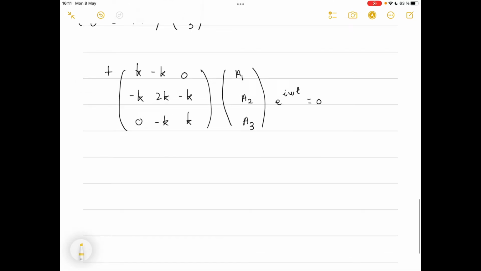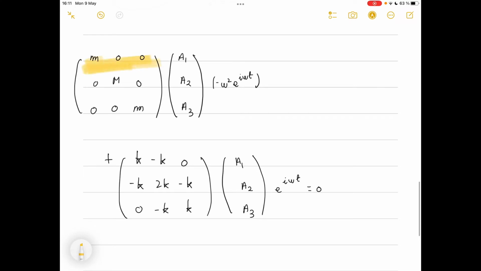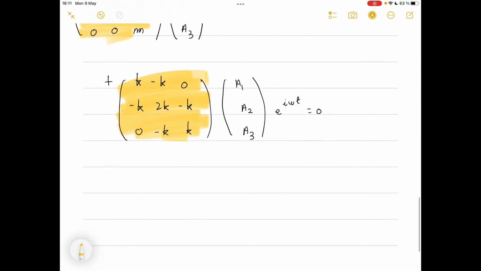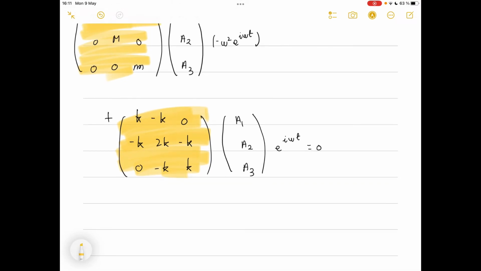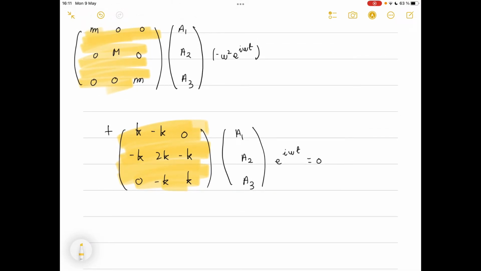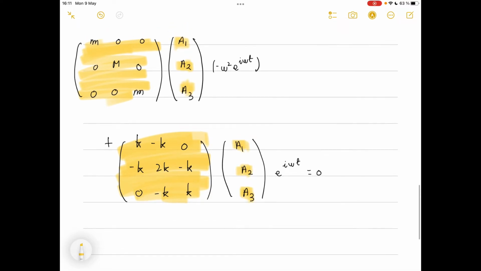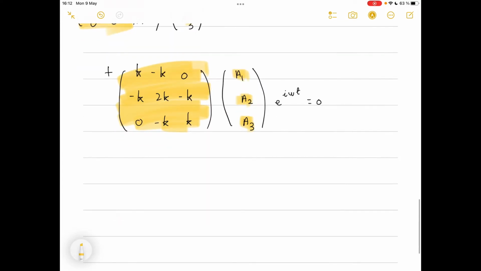What we can do now is combine this matrix and this matrix into a single matrix, because they're both being multiplied by the vector a1, a2, a3. So we can have one big matrix times a1, a2, a3, which gives us a linear equation in matrix form.